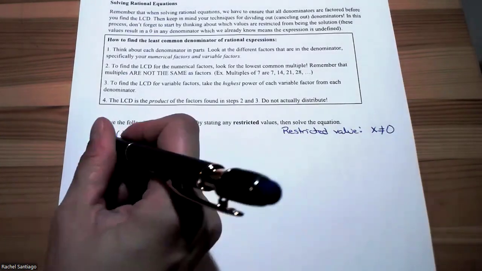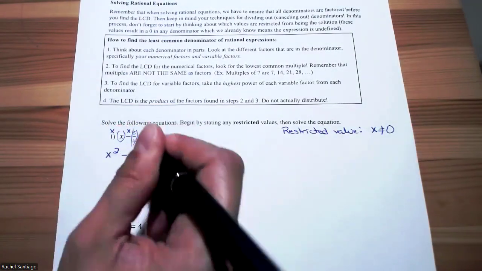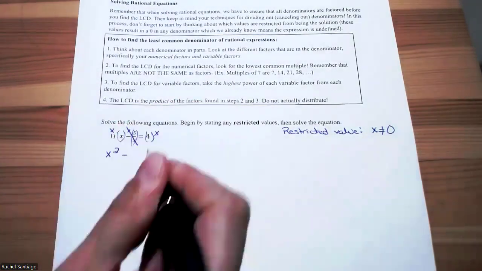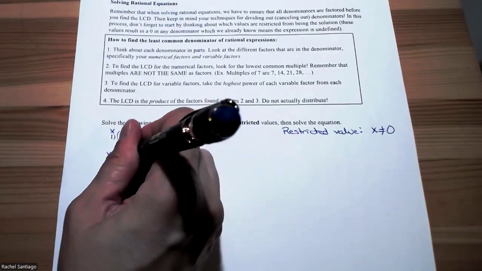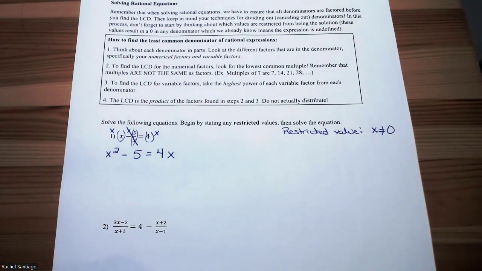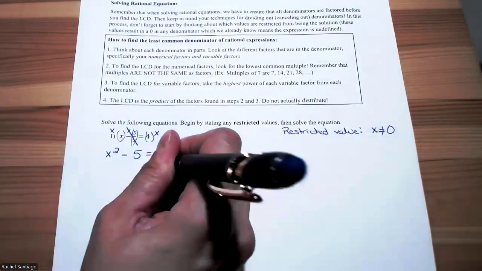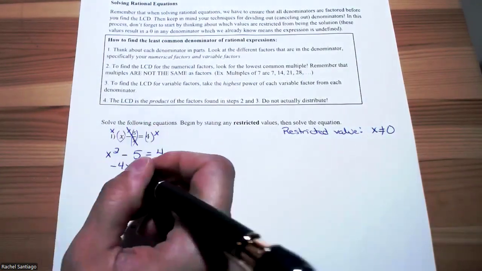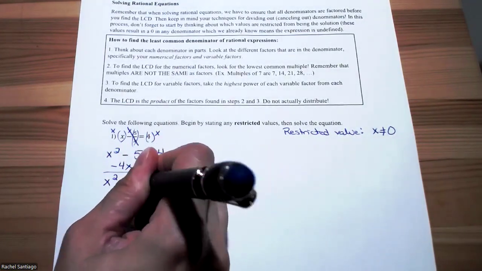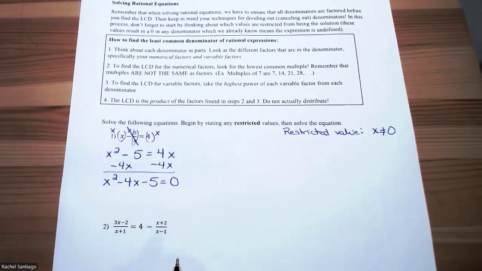So x times x is simply x squared, minus, notice here, numerator and denominator divide out, and that leaves me with just a 5. And that's equal to 4 times x, which is 4x. At this point, we're going to set this equal to 0, so we're rewriting our equation in standard form. We have x squared minus 4x minus 5 is equal to 0.